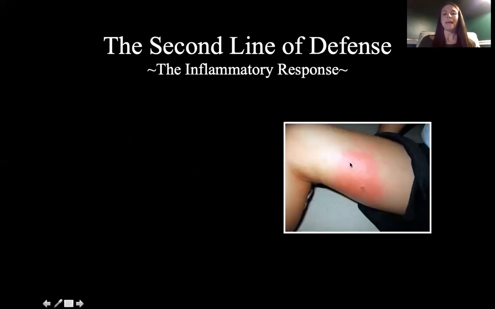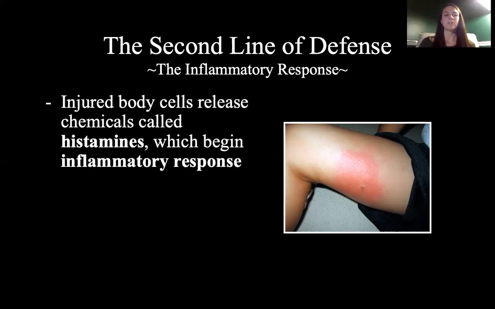All right, again, part of the second line of defense is the inflammatory response. Anytime you get some sort of infection, oftentimes it will swell up. That inflammatory response does a couple things. First of all, whenever a body cell is injured, it releases a chemical called histamine. Histamine basically causes blood to rush to the area, which begins the inflammatory response.